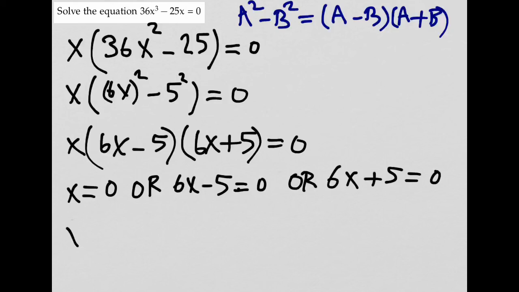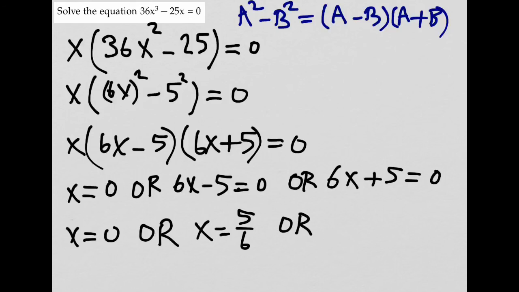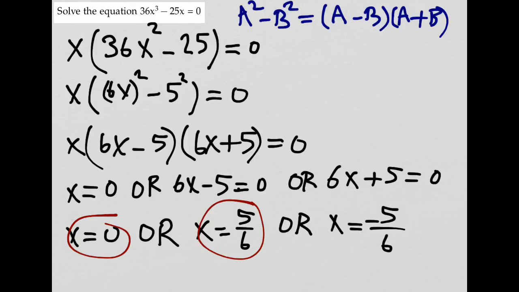So this means that x is 0, or x is 5 over 6, or x is negative 5 over 6. So this equation is a cubic equation with three solutions: x equals 0, x equals 5 over 6, or x equals minus 5 over 6.